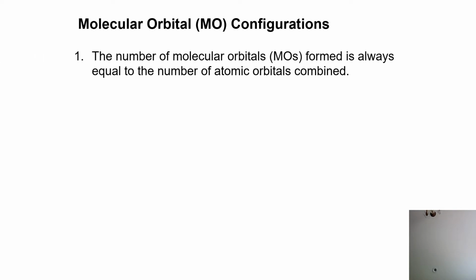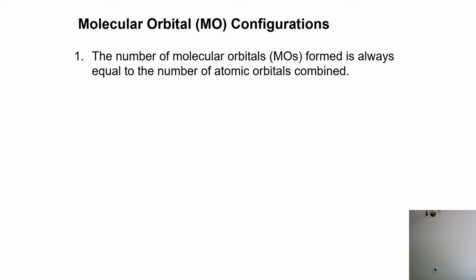I'm not going to be having you write molecular orbital electron configurations this semester. However, we are going to go through this list because it also describes the filling and the rules that apply to molecular orbital diagrams. So rule number one: the number of molecular orbitals formed is always equal to the number of pure atomic orbitals combined.